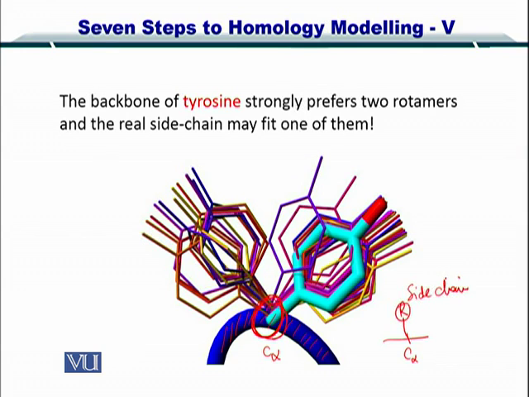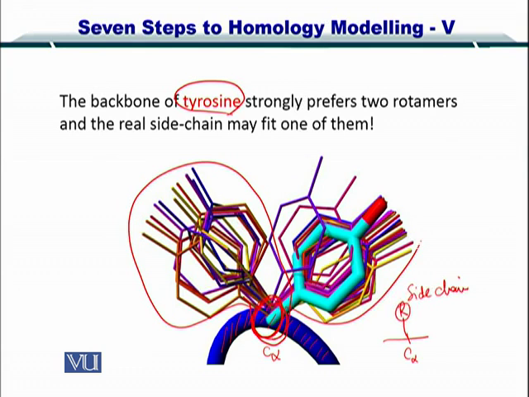In this example, you can see that this is tyrosine. If you have tyrosine in the sequence, then only two torsion angles are acceptable. So for tyrosine, you only have two possibilities for the side chain. The first one is in this conformation, and the second one is in this conformation.